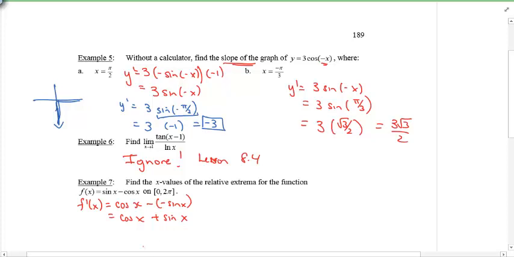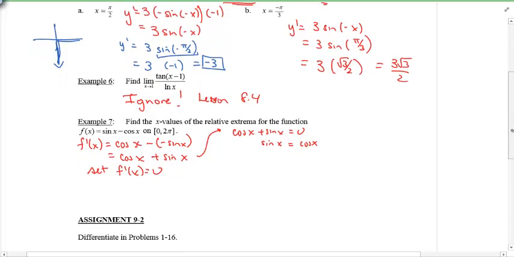Now what? Relative extrema, of course, is when the derivative equals 0. So you want to now set f prime of x equal to 0. So you're really solving cos x plus sine x equal to 0. And I'll actually separate these two trig functions, and this is tough to solve.